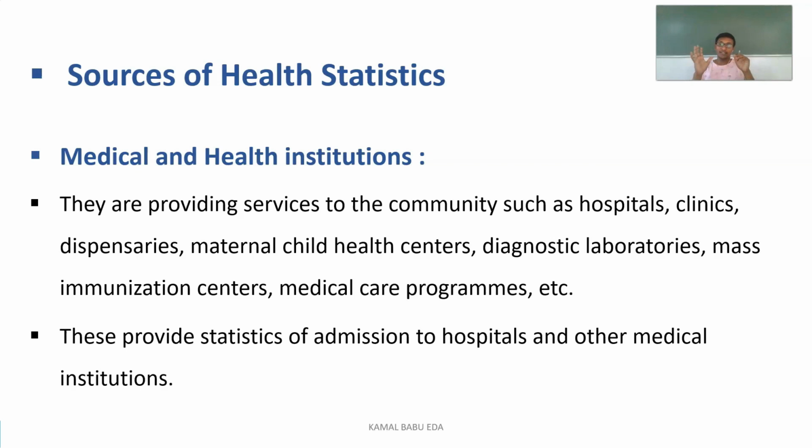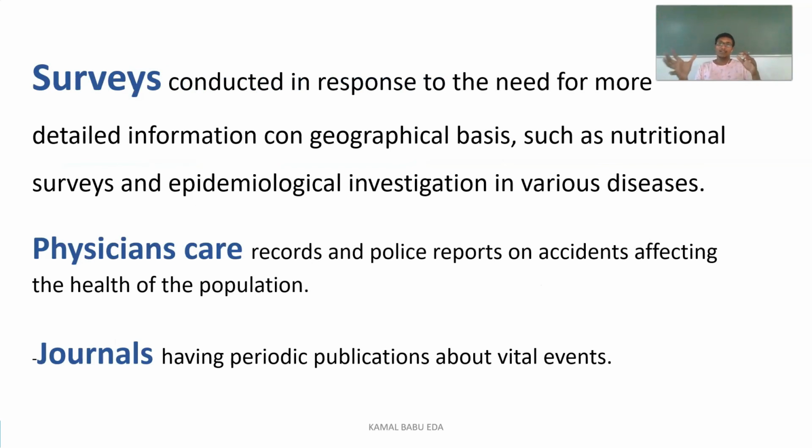These statistics provide admission to the hospitals and other medical institutions. Next, surveys. Why are these surveys conducted? Mainly they want to take the response and need for more detailed information, on a geographical basis, and to do nutritional surveys and epidemiological investigation in various diseases.